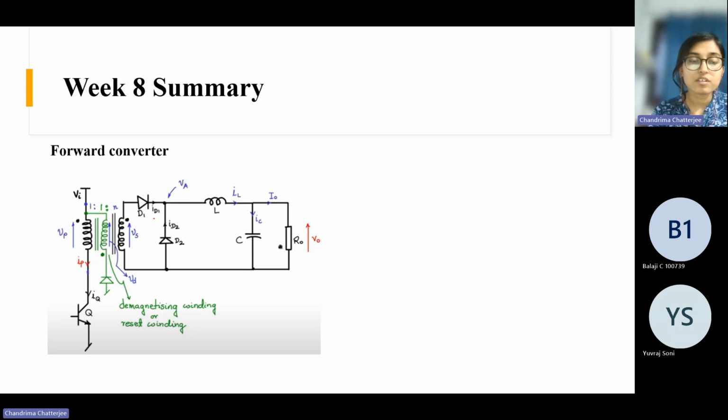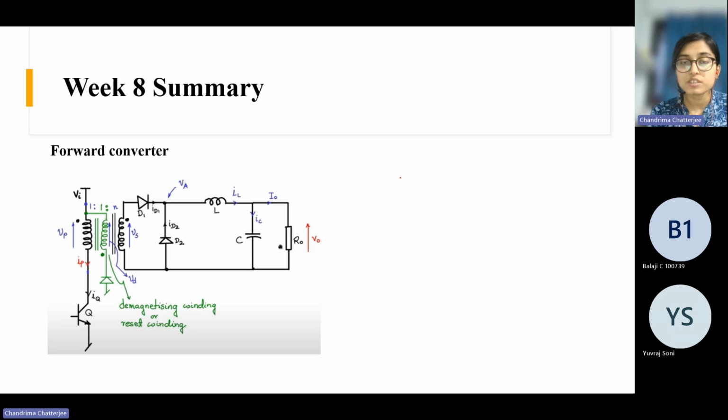So how does this work? As I told you, you have one additional winding and the turns ratio would be 1:1:n. So the same number of turns you will use for the primary winding and this winding also. Okay, and the diode is connected like this.